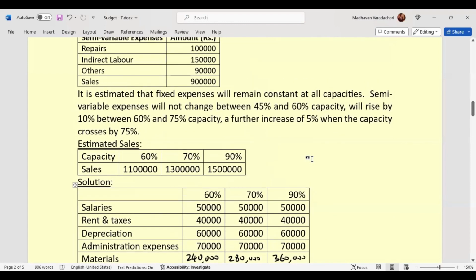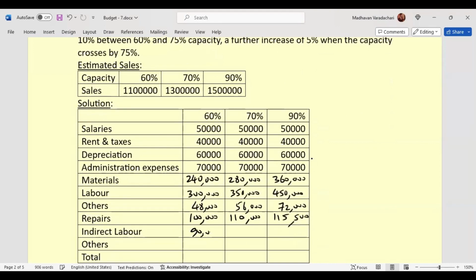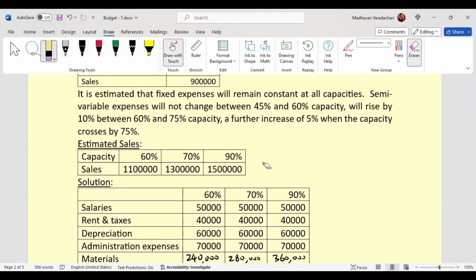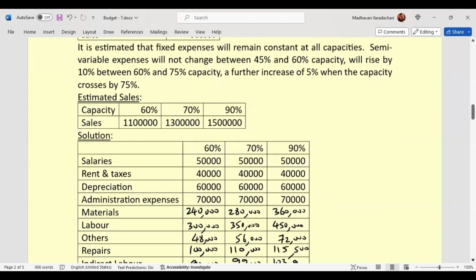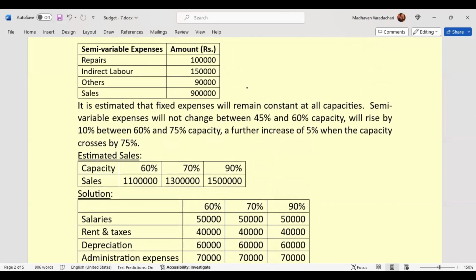Then indirect labor, first 60% will remain as it is, 1,50,000.